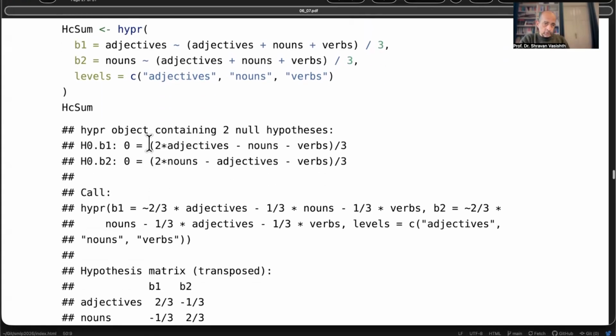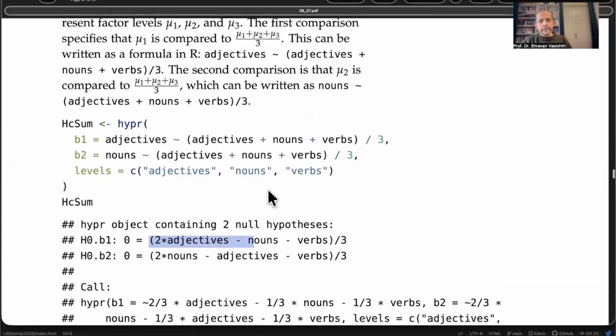And what this 2 times adjective minus noun minus verb, the whole thing divided by 3, is doing is just rearranging all the terms here on one side of the equation, leaving 0 on the other side, because that's what the null hypothesis is. So this statement that the mean of the adjectives is equal to the grand mean is the same as 0 is equal to 2 times adjective minus noun minus verb, the whole thing divided by 3. You can just do the algebra and see why this turns out to be the case.